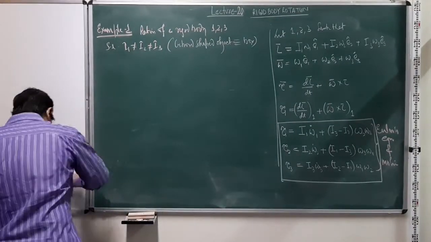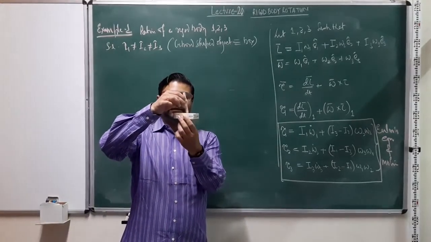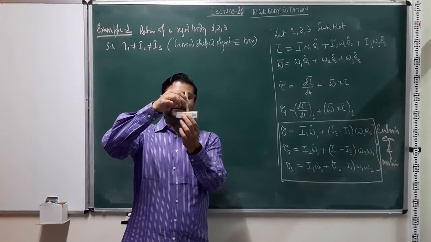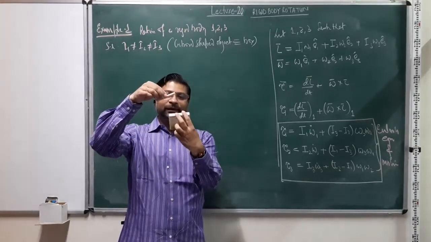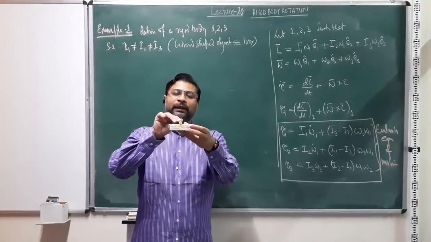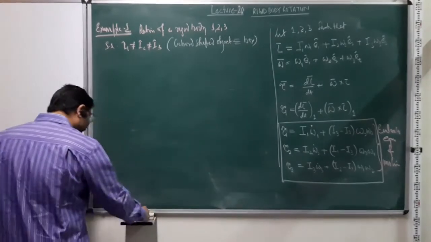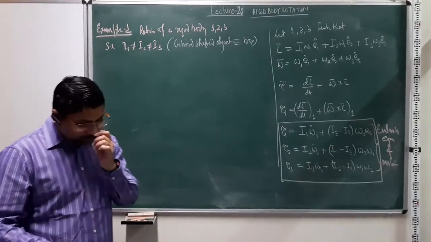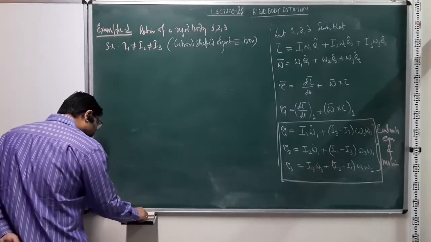For example, one principal axis is this vertical axis. Another one is this, so it can rotate in this way. And the third one is like this, so it can go about this direction, right? So there are 3 different directions, and all these 3 have a different moment of inertia.